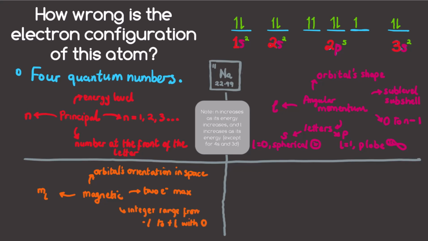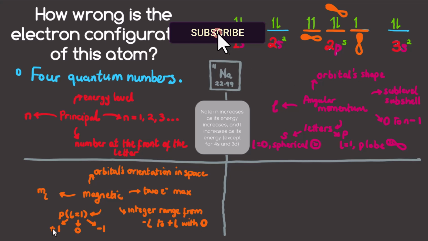Next, m_l has integer values in the range of -l to +l, including 0. In this electron configuration, the s, where l is equal to 0, has 1 orbital, which in this case is represented as the number 0. However, the p, where l is equal to 1, has 3 orbitals, represented as +1, 0, and -1, as shown right over here.